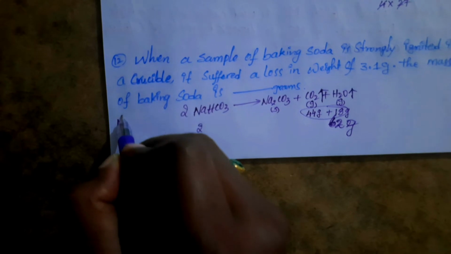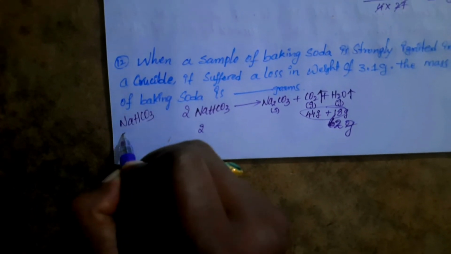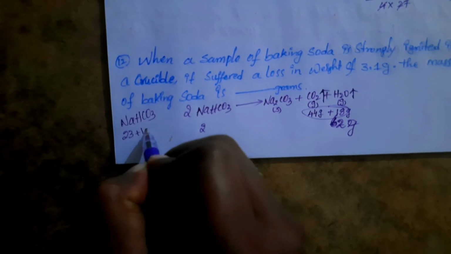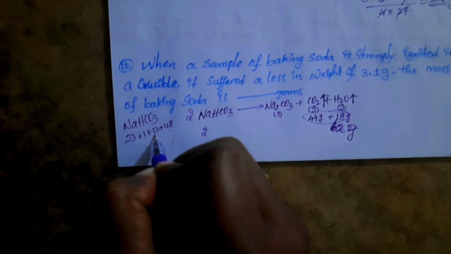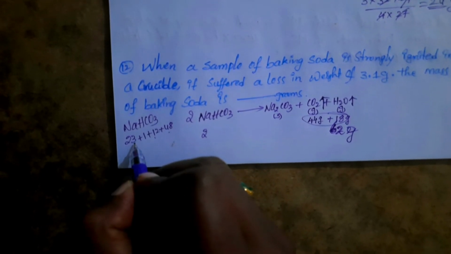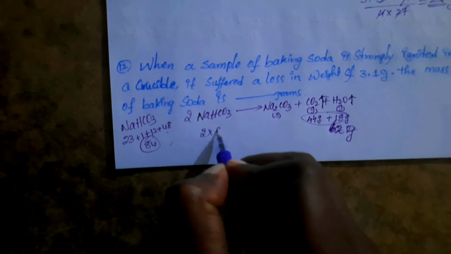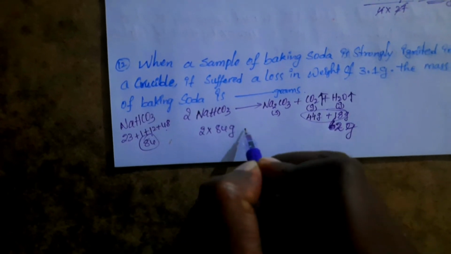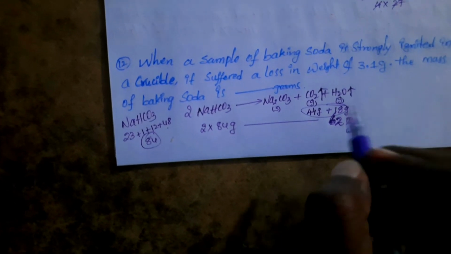What is the weight of 1 mole of sodium bicarbonate, NaHCO3? That is 23 plus 1 plus 12 plus 48, which is 84. So 2 into 84 grams of baking soda is heated, and 62 grams is lost in weight.